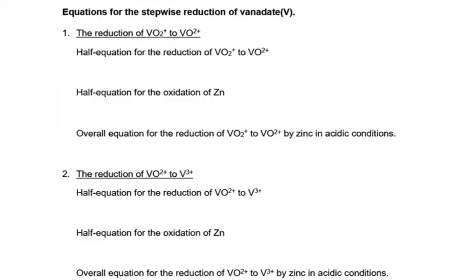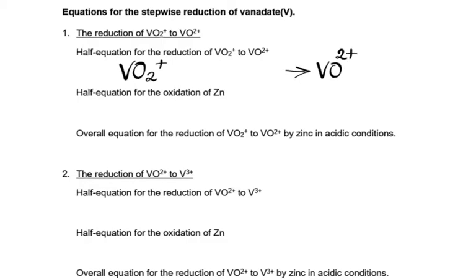To put the equations together, we just separately do the two half equations, so the way that I would do this. So we've got the VO2 plus, and then leave a good space, go into the VO2 plus.